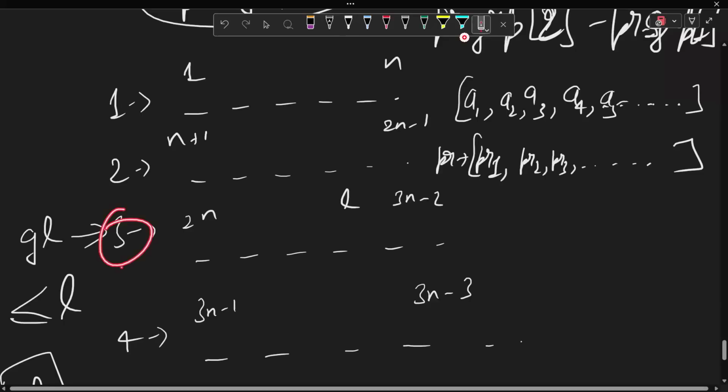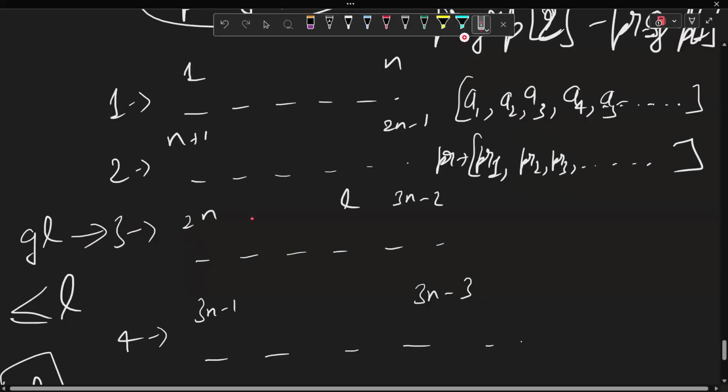My group number 3 has the prefix sum starting with 3. So the first element is this A3. The second element is A3 plus A4. The third element is A3 plus A4 plus A5.